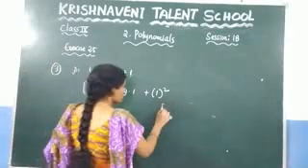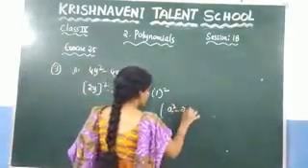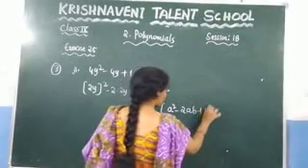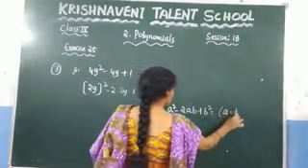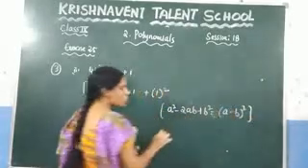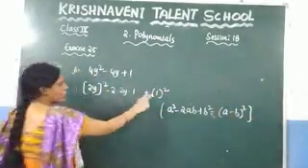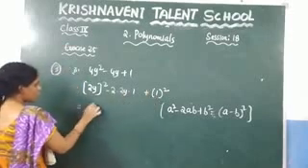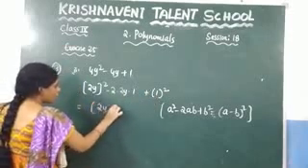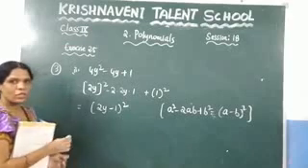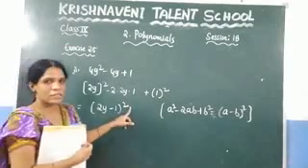So here you know that a square minus 2ab plus b square gives you (a minus b) whole square. What is the value of a in this case? 2y, and the value of b? 1. So you can write this as (2y minus 1) whole square. Here, how many times is this there? 2 times.